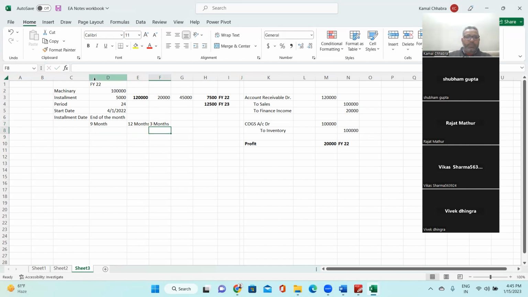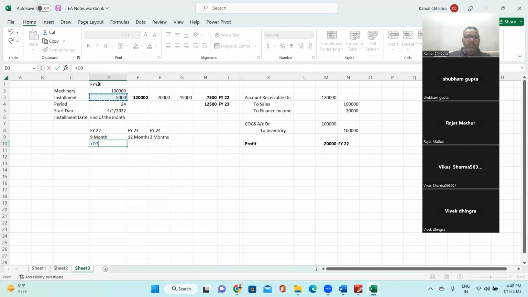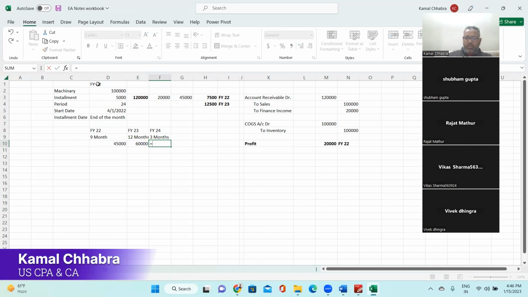So in this example, for financial years 22, 23, 24, you have 5,000 multiplied by 9, 5,000 multiplied by 12, and 5,000 multiplied by 3.